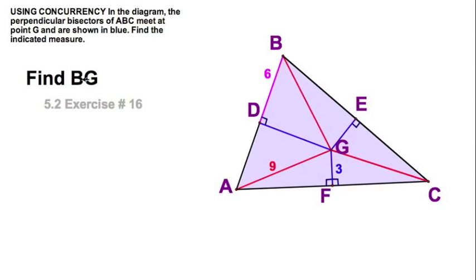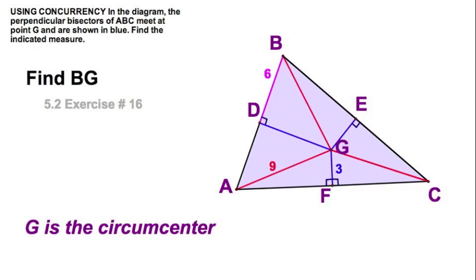Oh, so many numbers in this diagram. Let's not get confused. We're looking for BG. And all these blue segments are perpendicular bisectors. We're used to seeing the whole line, the perpendicular bisectors. Now they're confusing us with segments. But in any event, they meet at this point G. This point G is called the circumcenter of the triangle.